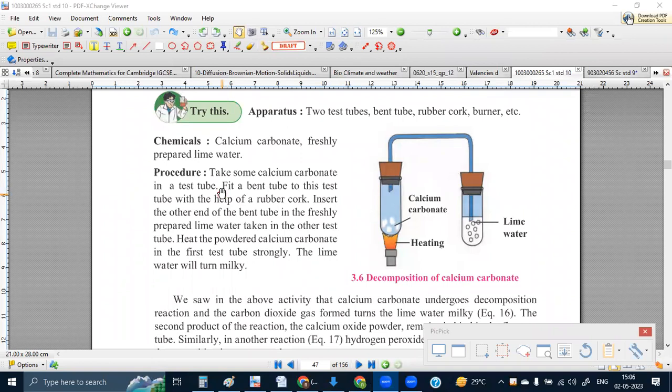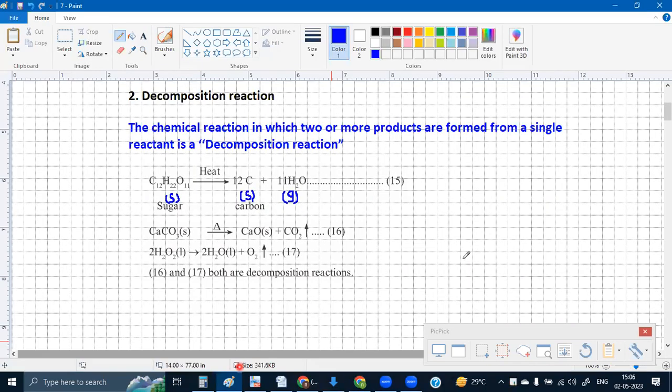Just look at the screen over here. The experiment is the same. The reaction which we have written right now, CaCO3, calcium carbonate, when it is heated, is going to produce calcium oxide and carbon dioxide.